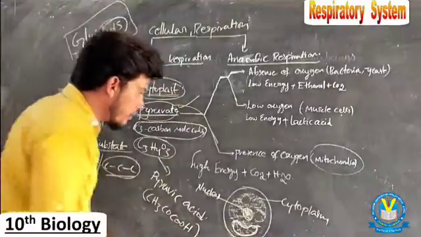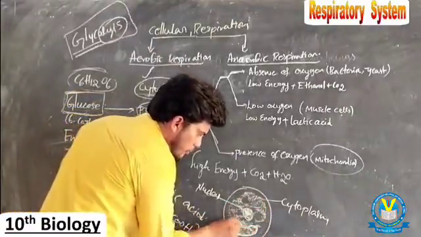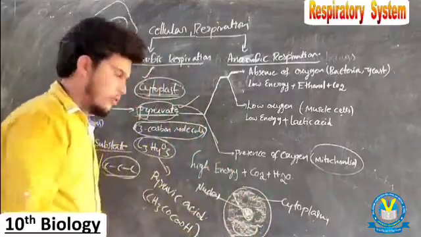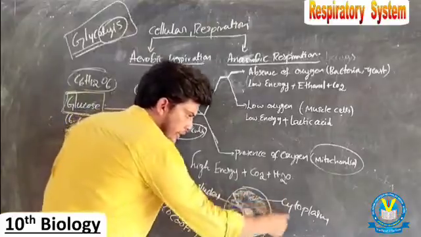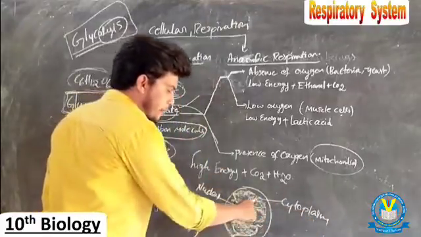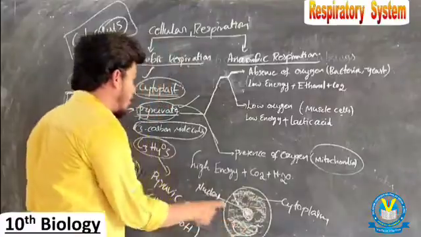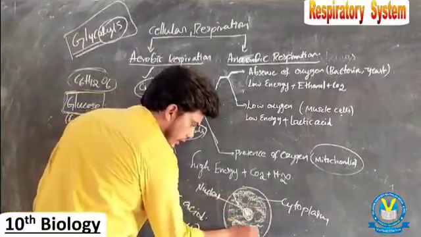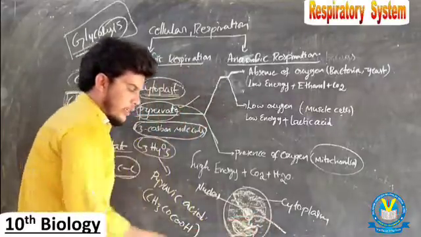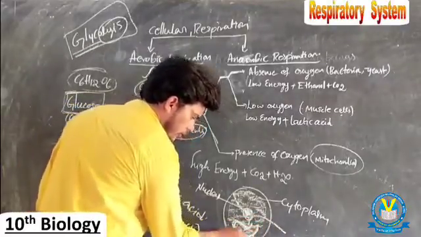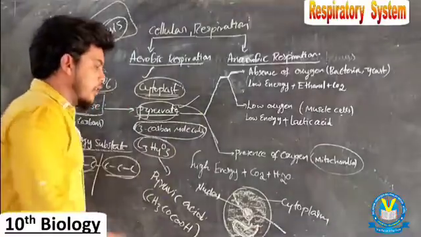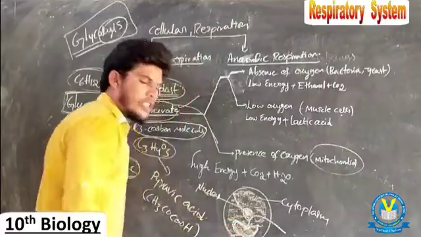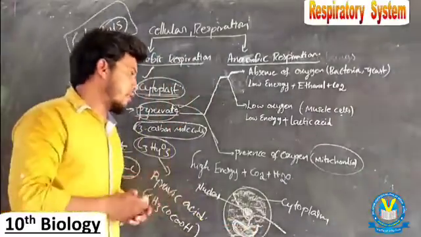The glycolysis process takes place in the cytoplasm. After completion of glycolysis, the byproduct is pyruvate. This pyruvate enters into the mitochondria. The remaining steps take place in the mitochondria. What happens there?